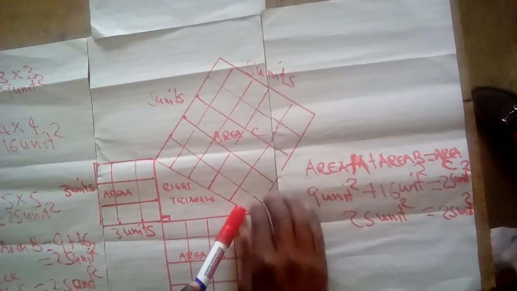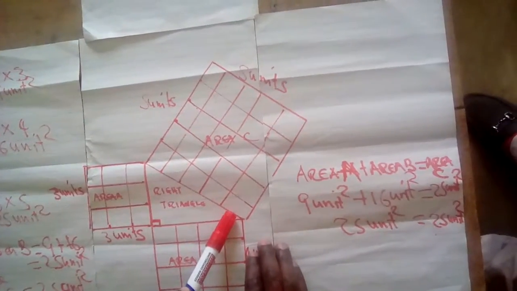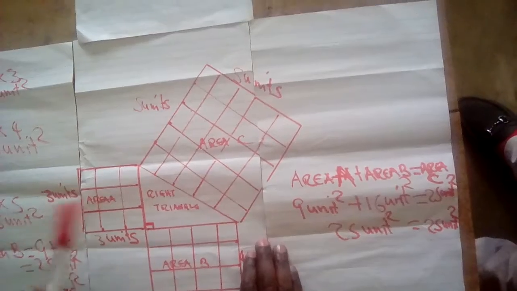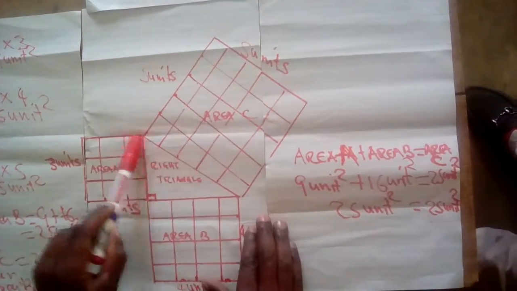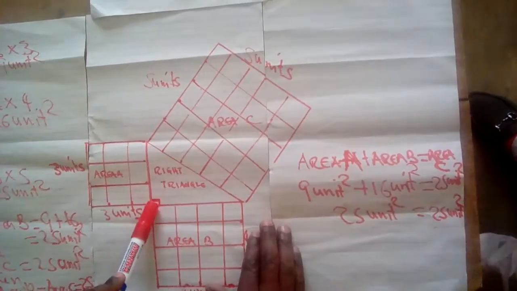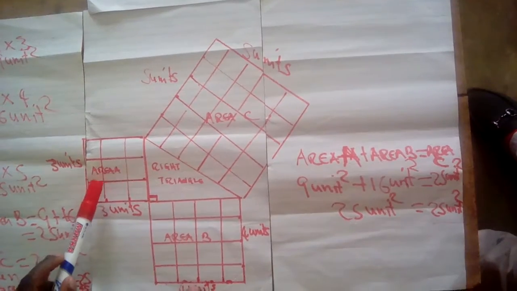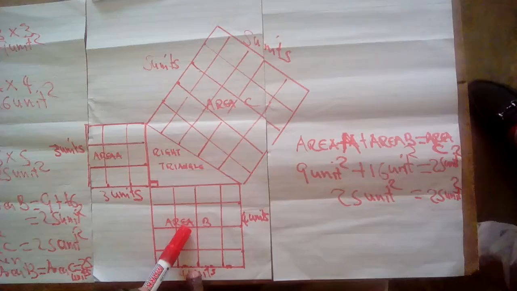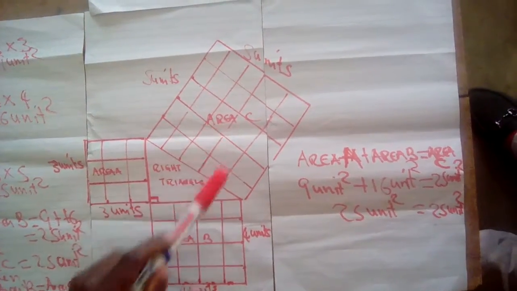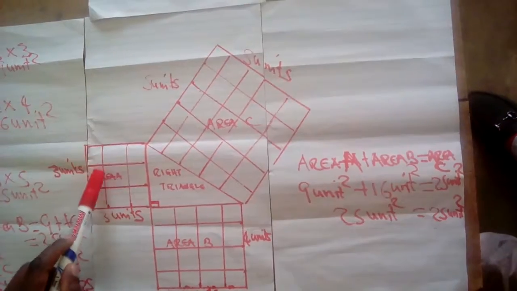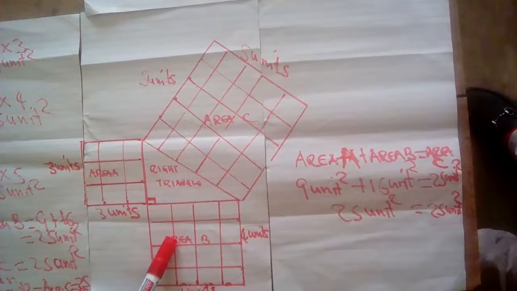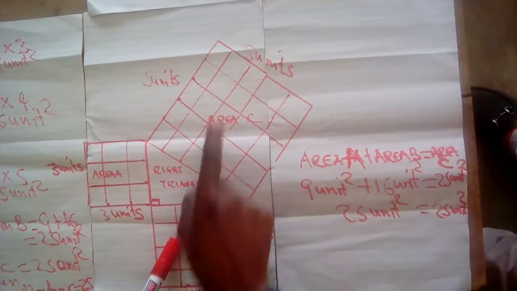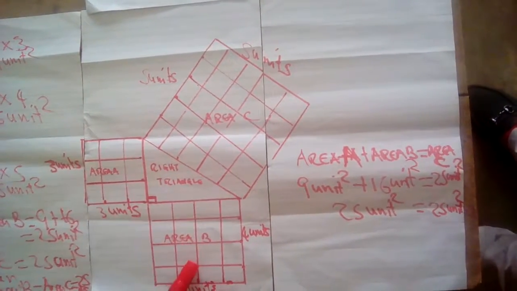So, in order to find out the special property of this right-angled triangle, you take this area, add to this area, and equate it to this area, and see that special relationship.